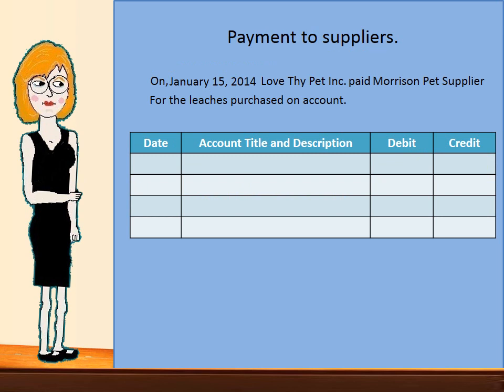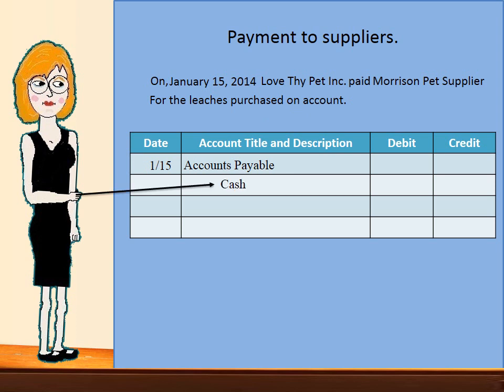Next is payment. We have to pay our suppliers in order to continue to have the cash flow. So, January 15th, we record as 1/15 for the merchandise purchased on account. So, we're going to debit the liability accounts payable, paid.